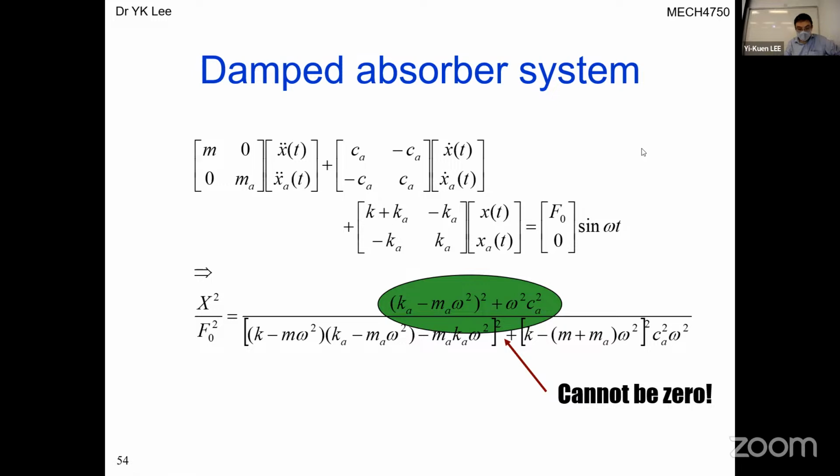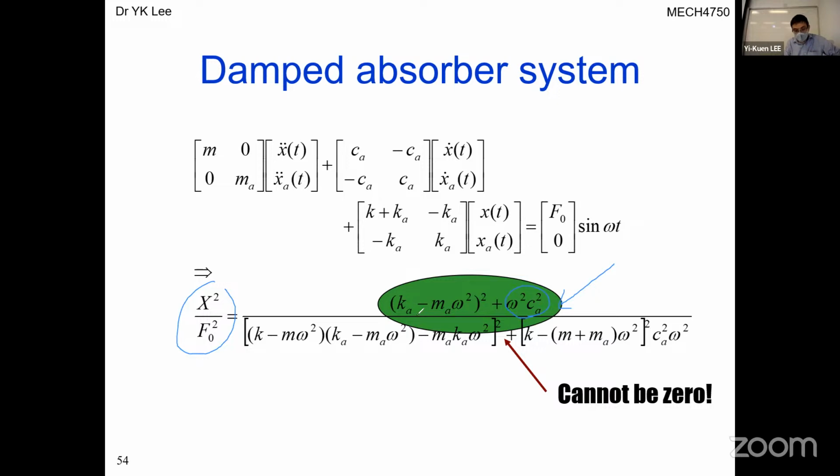For this case, once you have damping, from this numerator we see this one cannot be 0, because of this additional term with the finite damping coefficient.